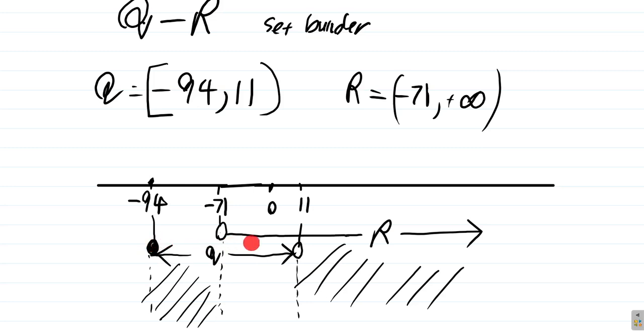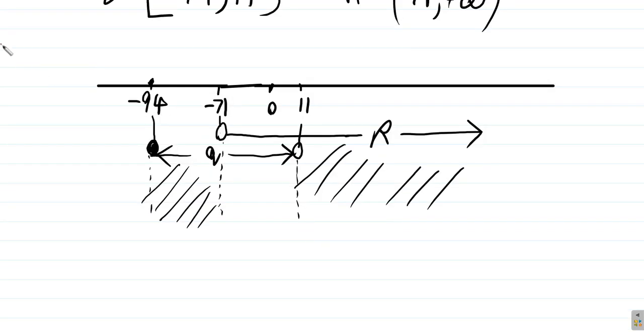Q is within this region from negative 94 to 11. If you remove R, you would have to remove negative 71 to 11. So the region that applies would be this.